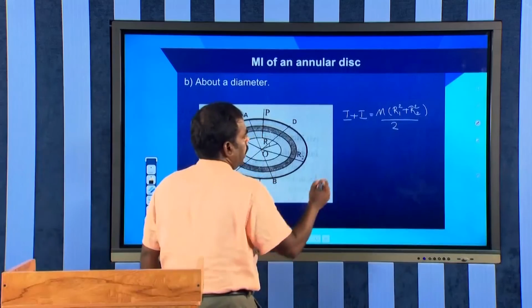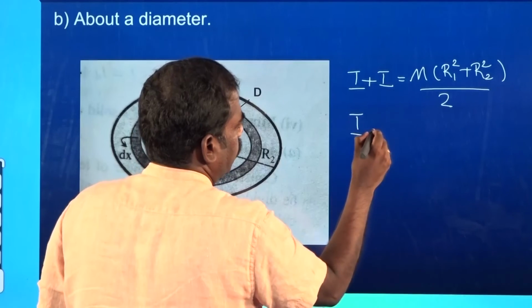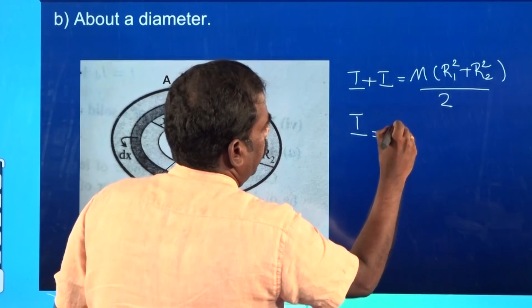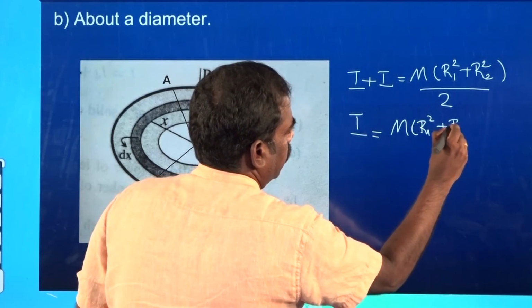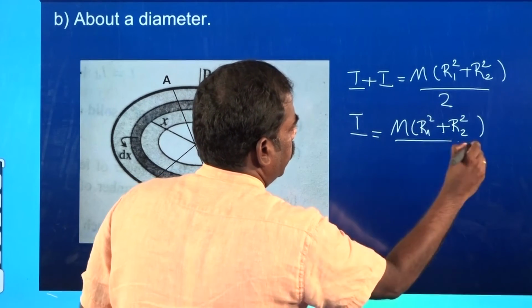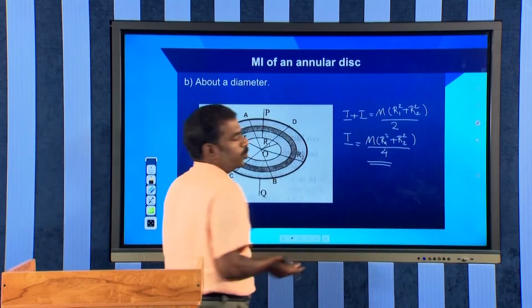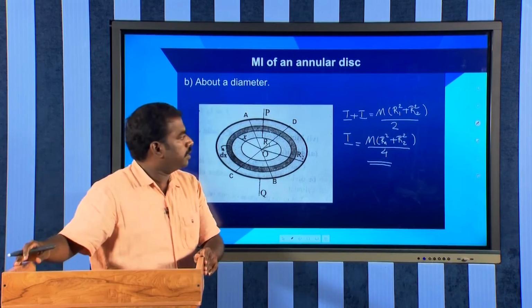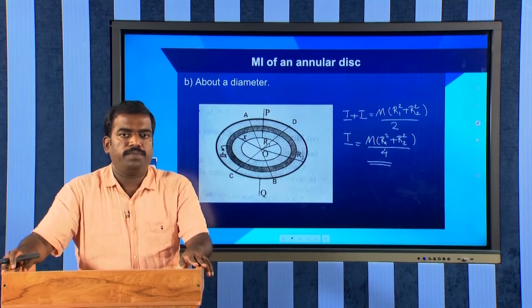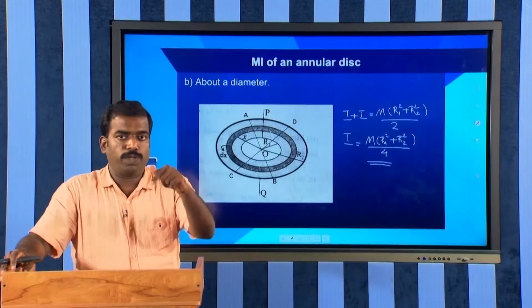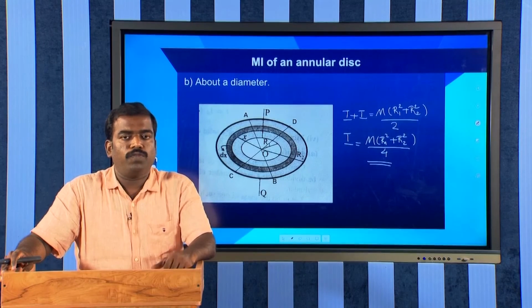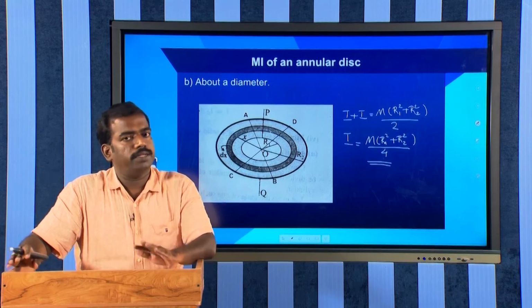So, 2I, or the moment of inertia of the annular disk about the diameter, I equal to M into R1 square plus R2 square by 4. So, here also we learned two formulas: the moment of inertia of the annular disk about an axis perpendicular to its plane, and the moment of inertia of the annular disk about the diameter.